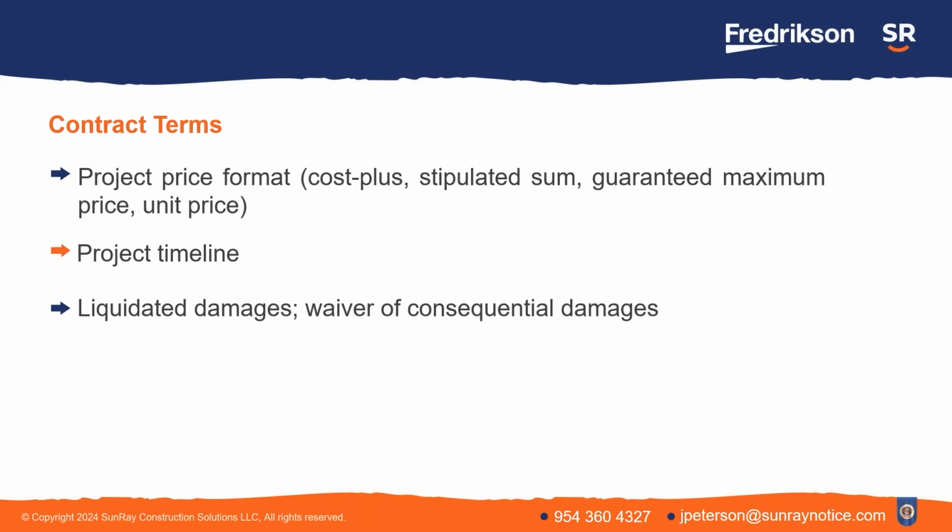So there's two things that you can do in a contract to guard against this. Liquidated damages is an agreed upon amount of damages, usually on a per day basis. So if you agree that the project's going to be done on December 1, but it's not done until December 31, that's 30 days of delay. Maybe you agree in the contract that there's going to be $1,000 of delay damages per day.